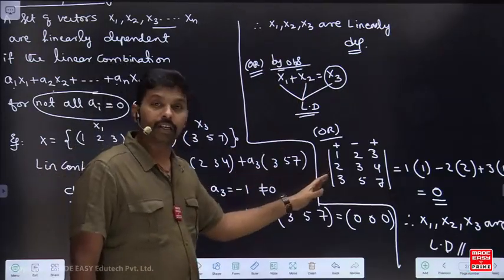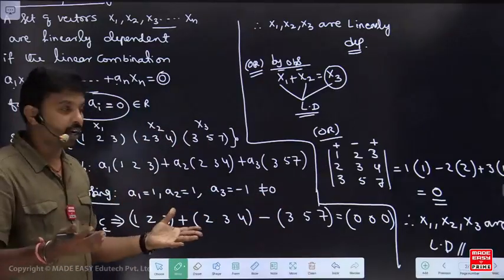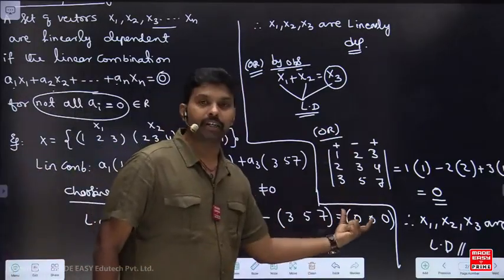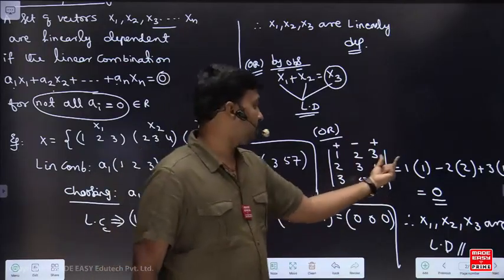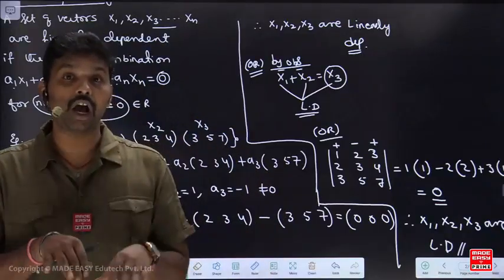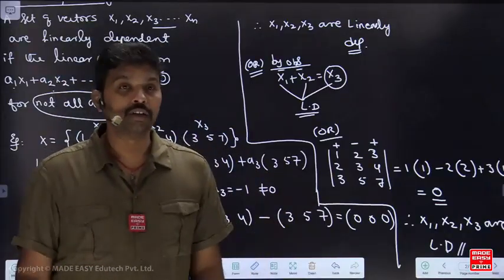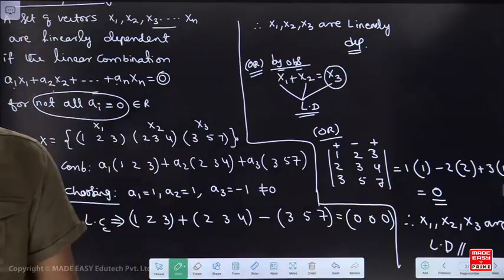And third is when you have 3 vectors of 3 dimension, you will have a square matrix, and if the determinant of that square matrix is equal to 0, then the vectors are linearly dependent. These are the 3 ways you can answer this question.